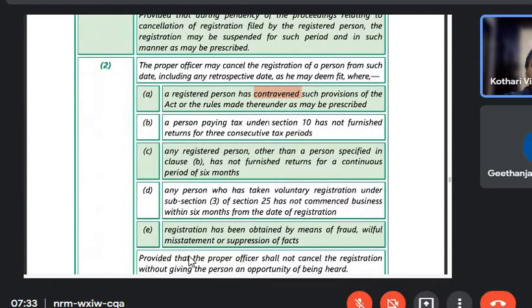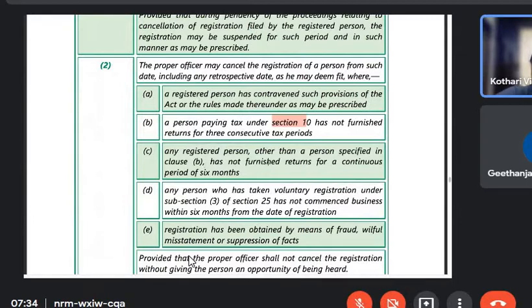A person paying tax under section 10 has not furnished the return for 3 consecutive tax periods. Section 10 means composition dealer. So if the composition dealer has not furnished his return for 3 consecutive tax periods, then the proper officer can cancel the GST registration of such person.